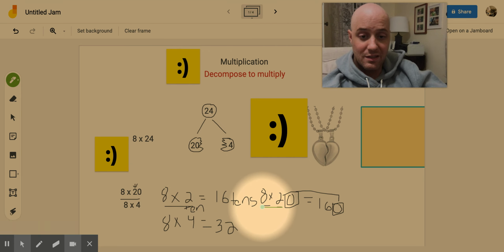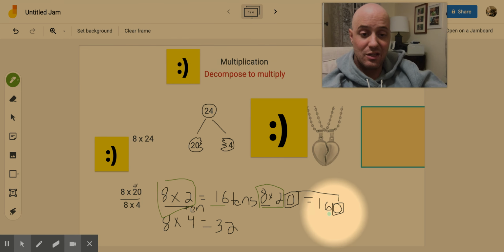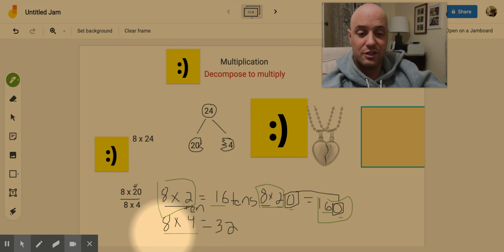See that? 8 times 2, 8 times 2. Here we got 16, here we got 16, but you add that 0, you add that 0, 160, and of course 8 times 4 is 32. You probably already know that.